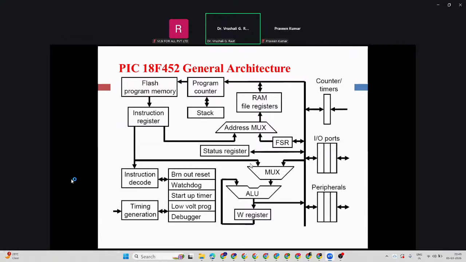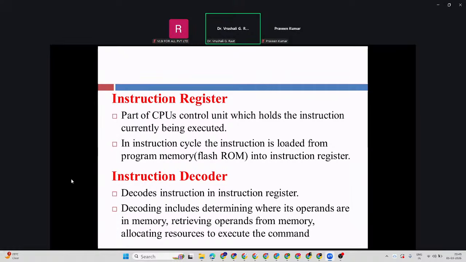The chance of selecting between the data coming from our memory along with the instruction, or coming from the output, that selection is available here in the architecture. Okay. So this is the architecture of PIC18.